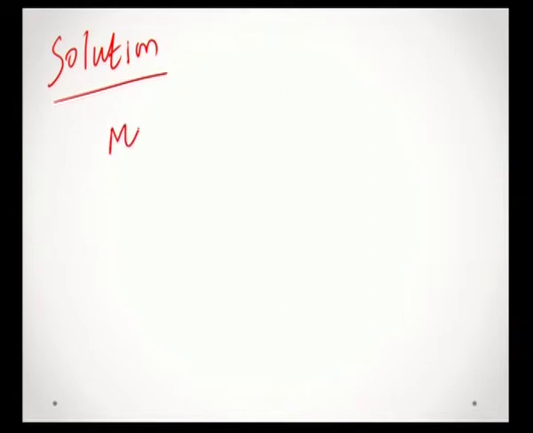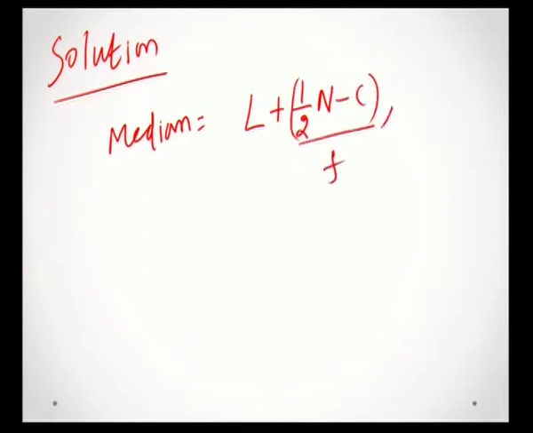Median is equal to L plus (1 by 2 into n minus C) over F into H. This is the formula. Now substitute the values here. L is 15 in the problem, n is 49.